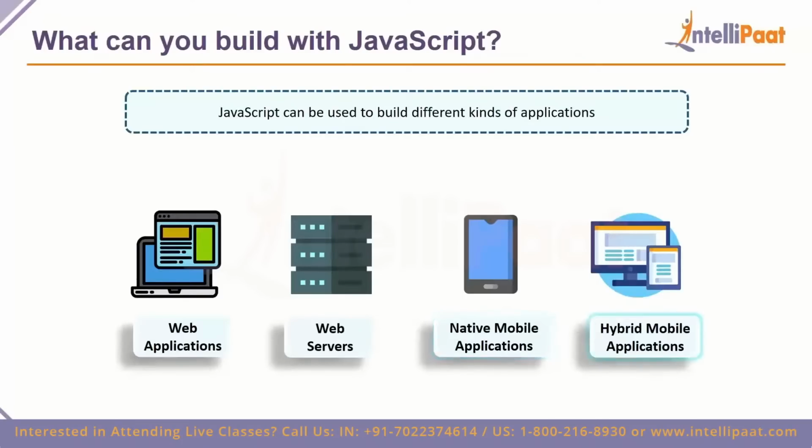On the other hand, we have hybrid mobile applications. Now this is a solution that has been available for a long time. What it allows you to do is write JavaScript, and that JavaScript will then get converted into native OS calls. But this is a little slower than native mobile applications.